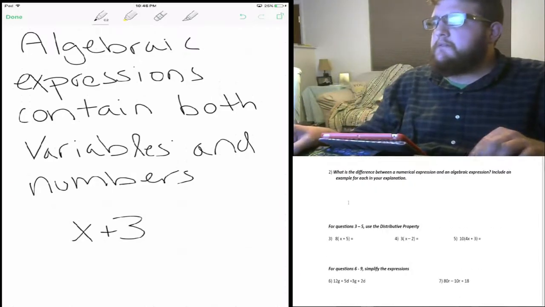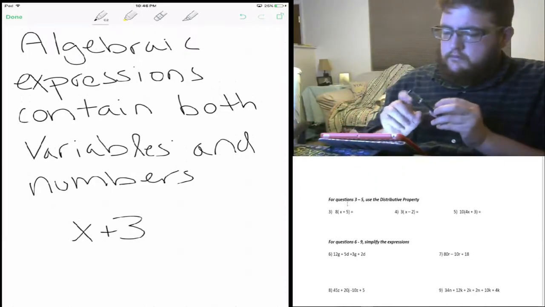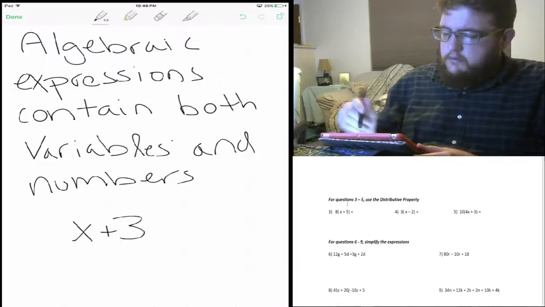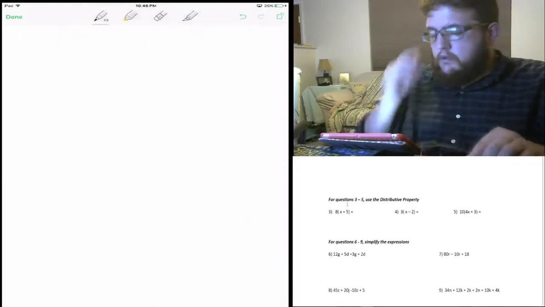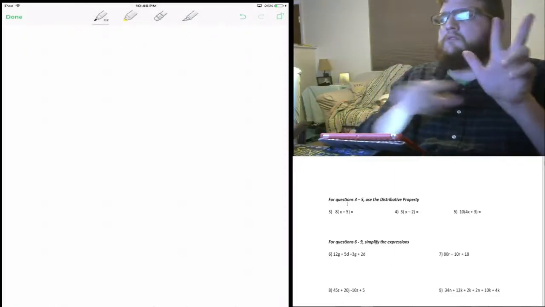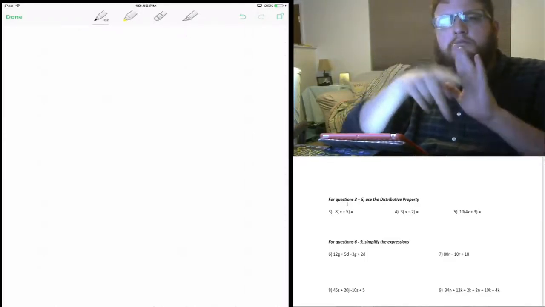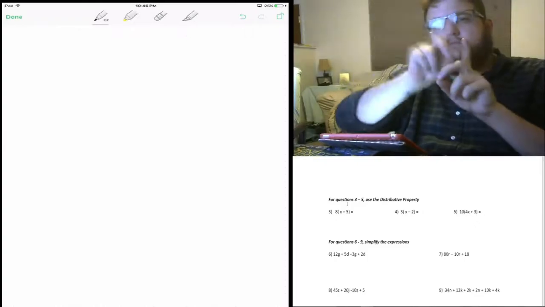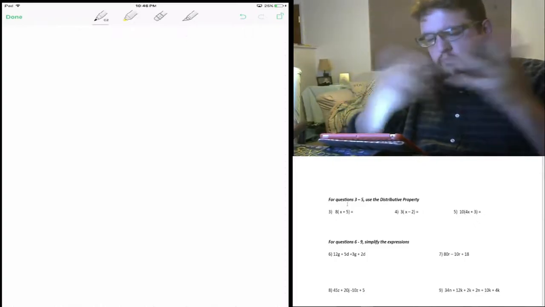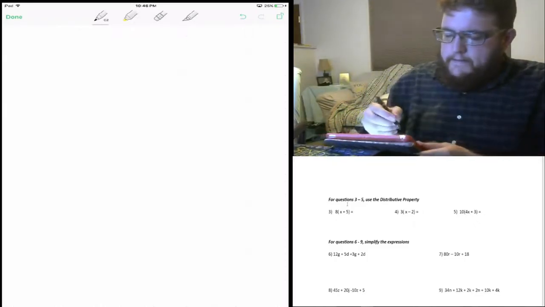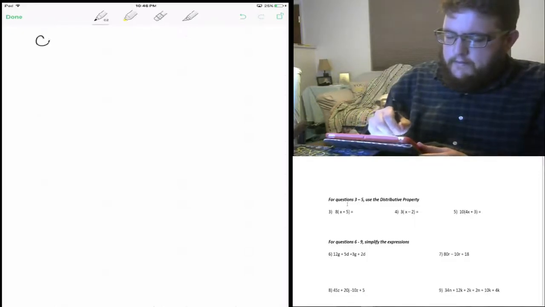Alright, let's jump to number 3. For 3 to 5, it says to use the distributive property. So let's think back to what the distributive property means.